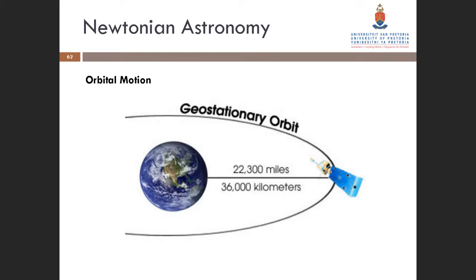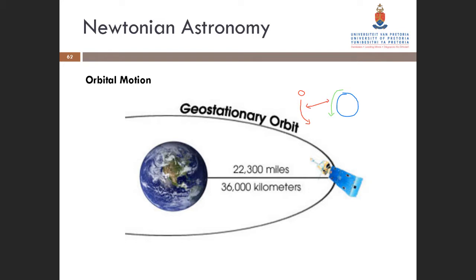If I draw on this screen, if this is Earth and Earth is rotating, and we have a satellite over here, the speed at which the satellite orbits the Earth is the exact same speed as the rotation of the Earth.